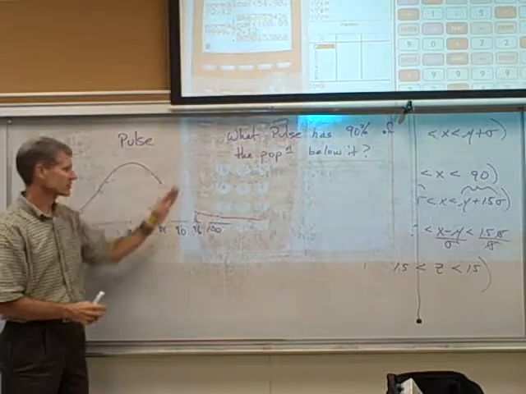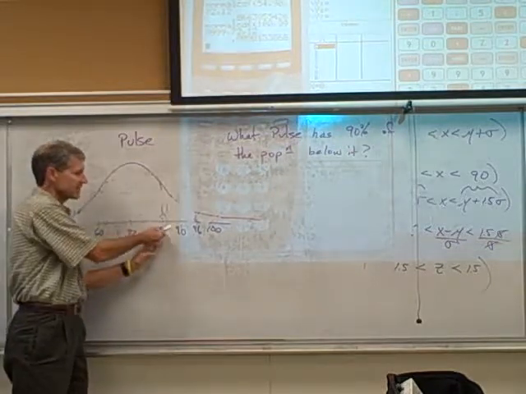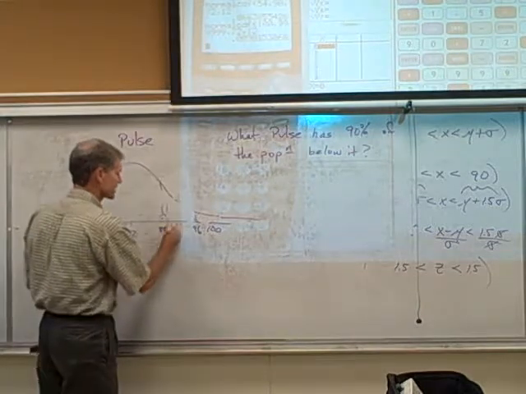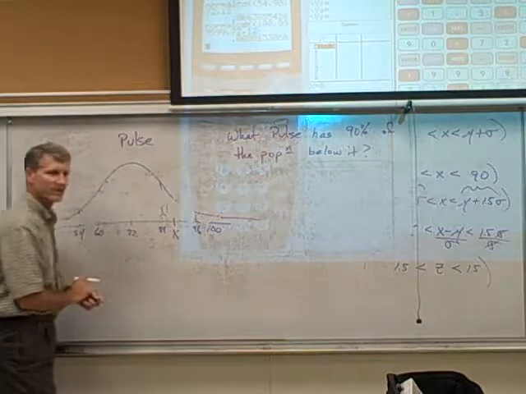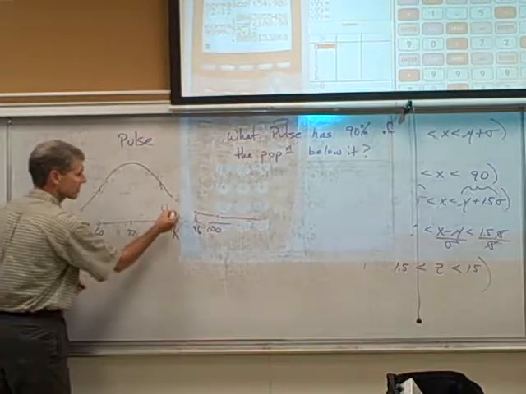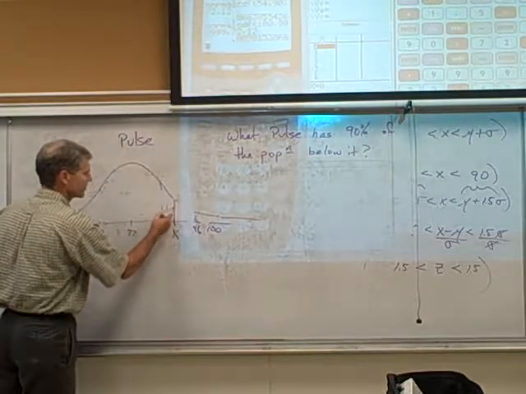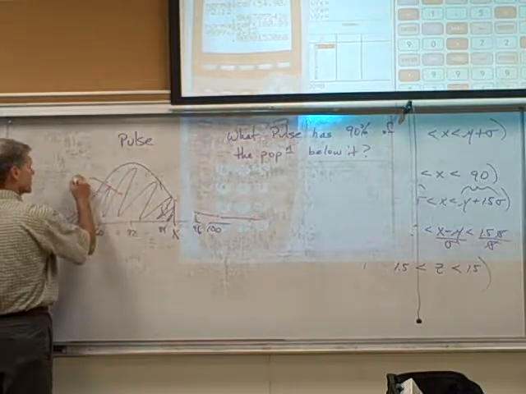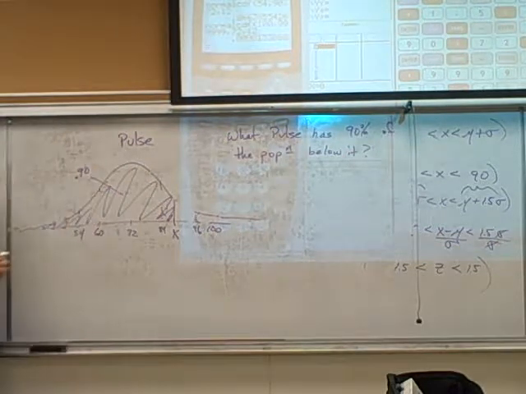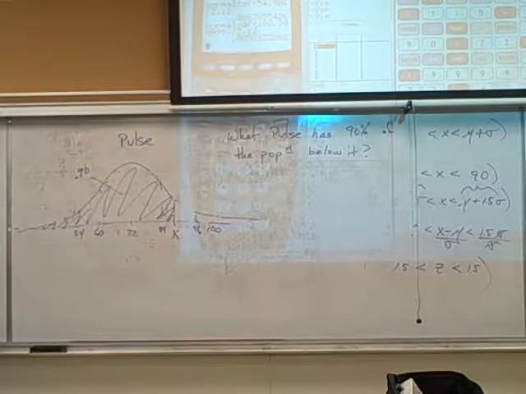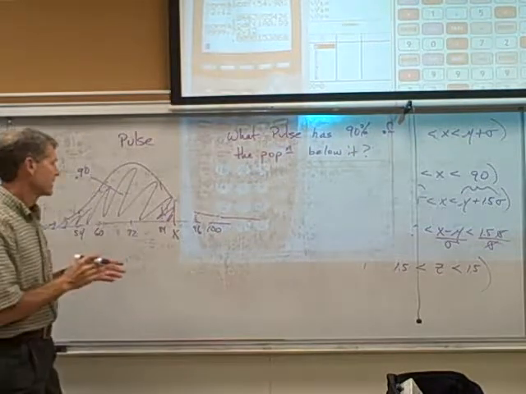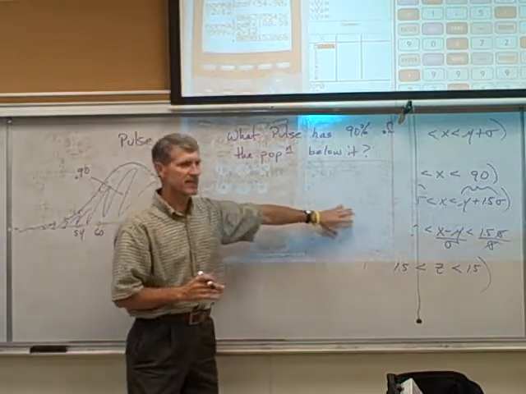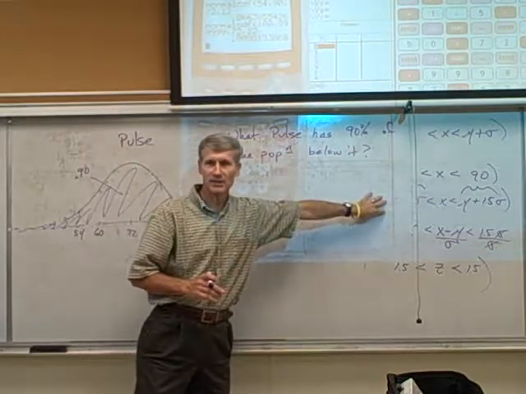Well, I want 90%, so I need to be a little bit on that side of 84, but not all the way to 96. So I know that the x I'm looking for is somewhere in there, right? I just don't know exactly what pulse will do it for me. So I want this area to be 0.90. So this time, they didn't give me the number in my probability statement, they gave me the answer to it.